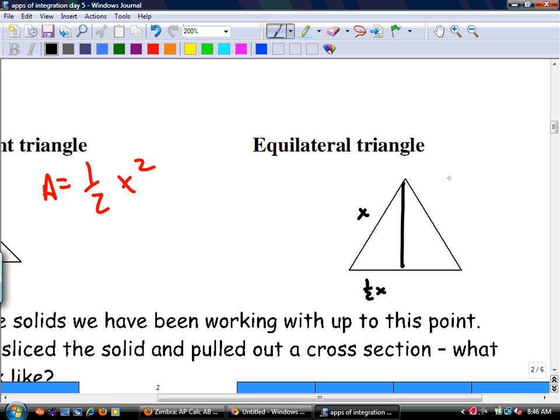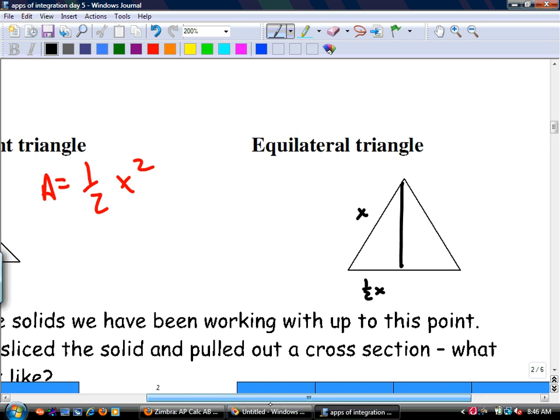No, it's too much work. No, it's a rectangle then. It's two right triangles. No. It's not isosceles. It's equilateral.